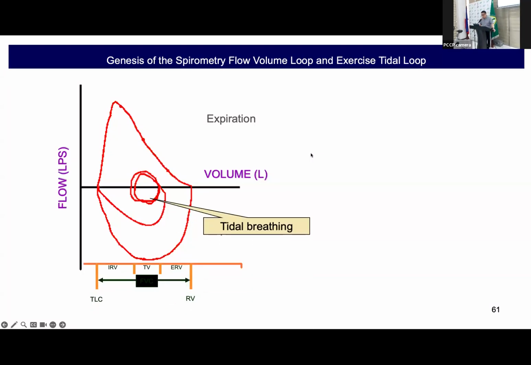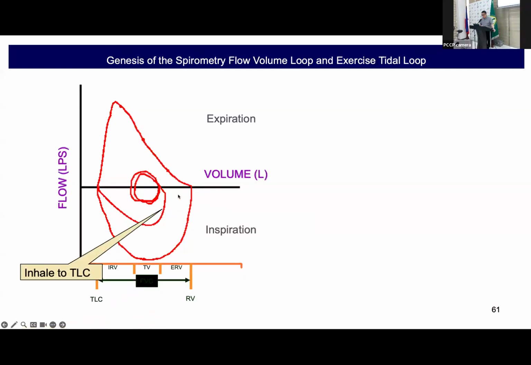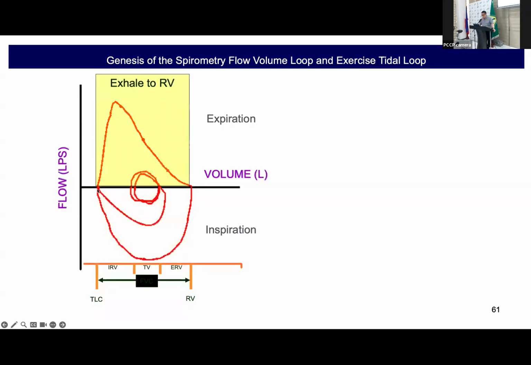So initially, we ask the patient to do tidal breathing, and we ask the patient to inhale to TLC. Since it is an inspiratory maneuver, the recording will be below. Once the patient is at TLC, we ask the patient to forcefully, rapidly, maximally expire for at least 6 seconds. And once we feel that the patient is at residual volume, we ask the patient again to inspire back to TLC.